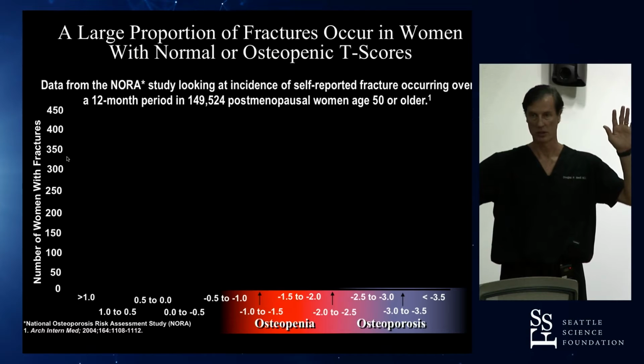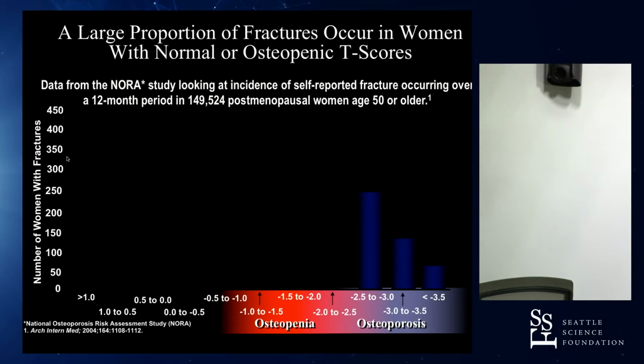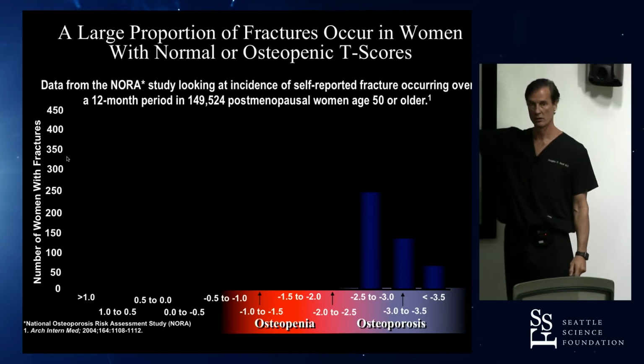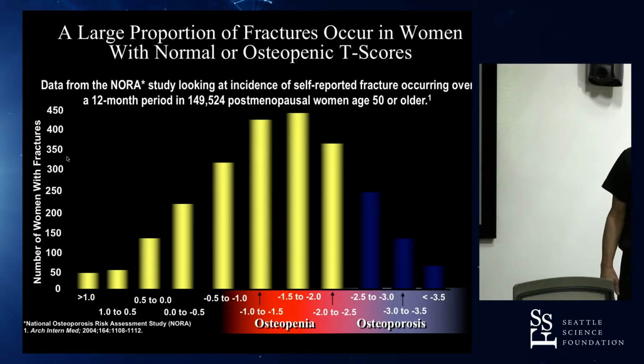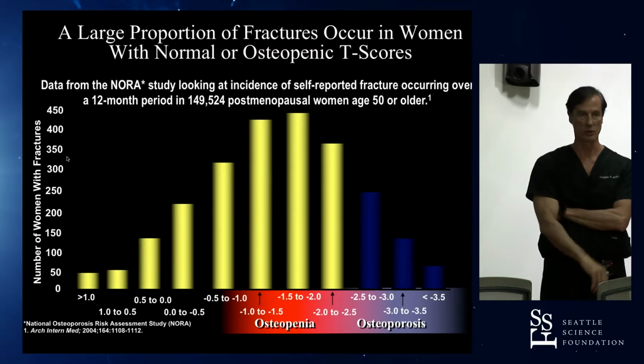This group, osteoporotic, or the normal or osteopenic? Should be osteoporotic. Well, let's look at the data. Here's the osteoporotic group, and this is the number of fractures. This is a little bit difficult to see because of the color, but this is osteopenia and normal. So by far, the greater number of osteoporotic or fragility fractures happens in this group.